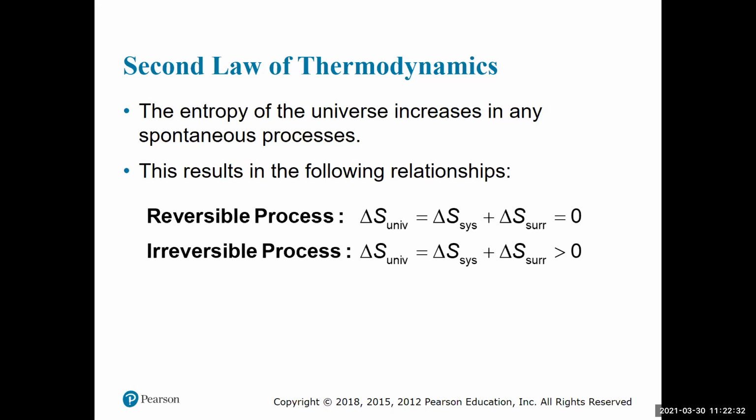So earlier we defined spontaneous process as being irreversible. So that means if we're going to obey the second law of thermodynamics, that chaos has to increase in the universe. And that's what this second equation is telling us. System plus surroundings, if that's greater than 0, irreversible process obeys second law of thermodynamics.